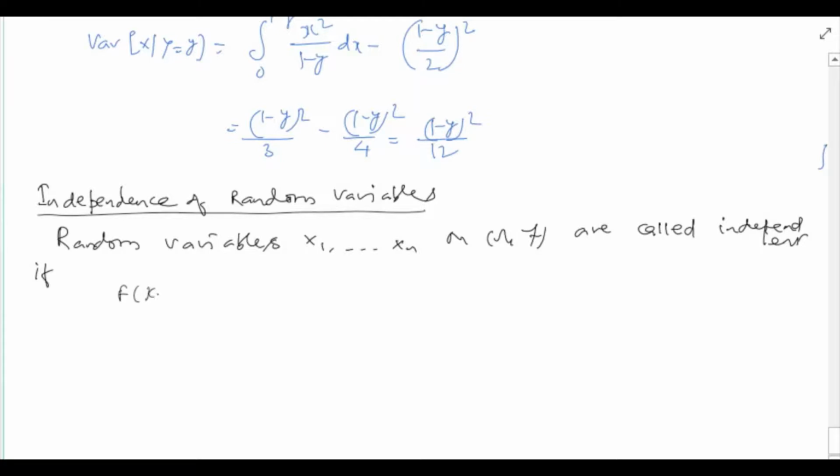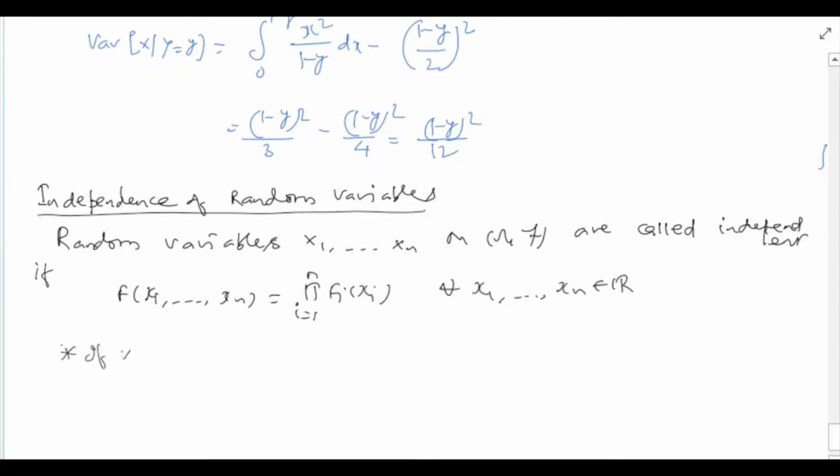That is, if f x1 dot dot dot xn is the product of marginals f i xi, and this must hold for all x1 dot dot dot xn in R.